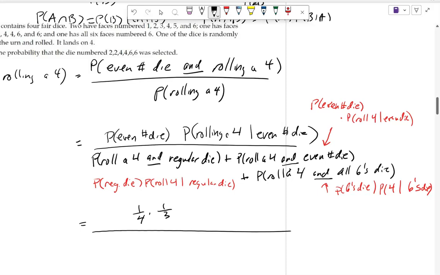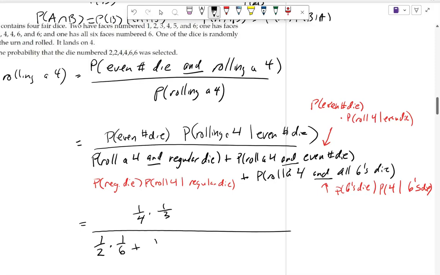All right, so let's finish this off now with the numbers. This says we can do the probability of drawing a regular die. What's your probability of drawing the regular die? 1/4, good. Given that you've drawn the regular die, what's the probability you roll a 4? 1/6, good. Probability that you drew the even die. Notice that the next one is exactly what we have in the numerator, right?